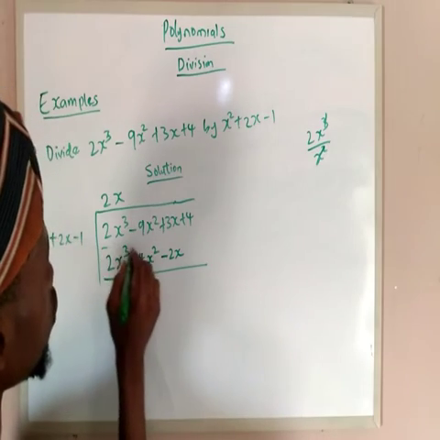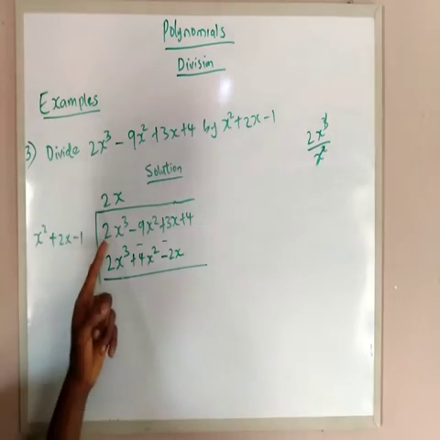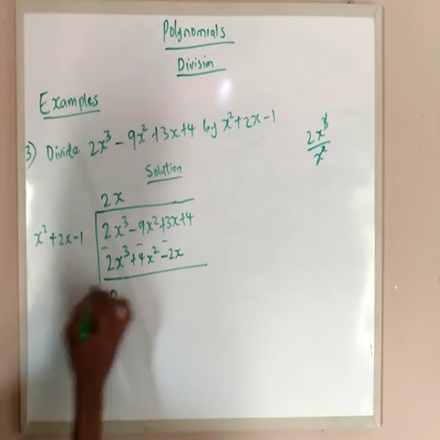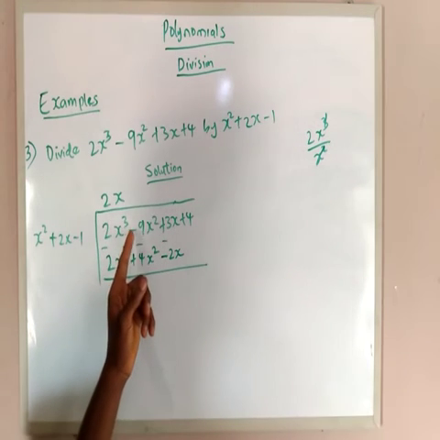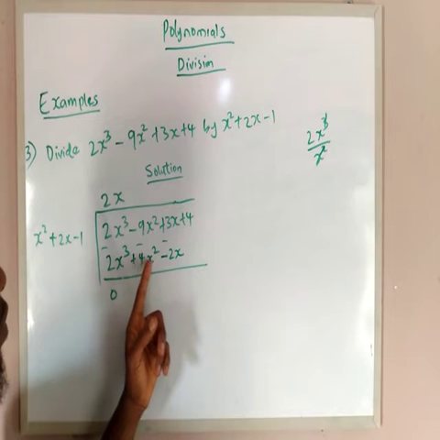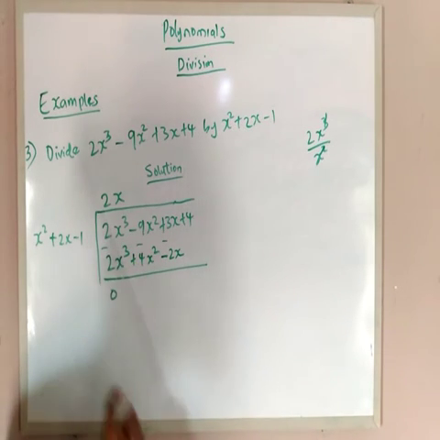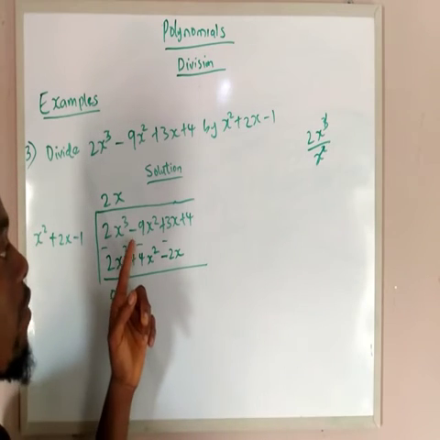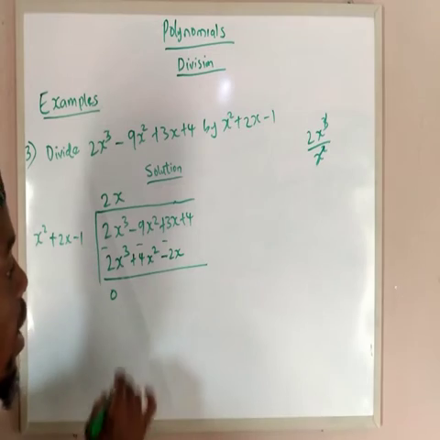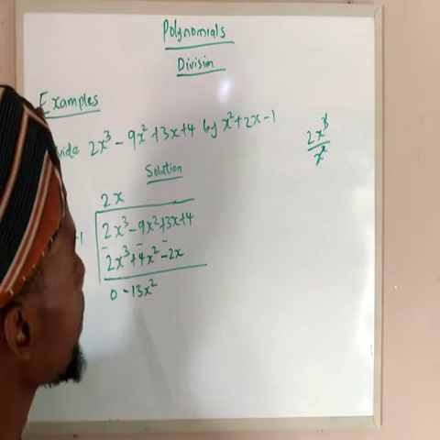Then we subtract through. We subtract each term. Now, 2x raised to power 3 minus 2x raised to power 3, that will be 0. Minus 9x squared minus plus 4x squared. Now this minus, we multiply this plus and it will change to minus. So we have minus 9x squared minus 4x squared, and that will give us minus 13x squared.